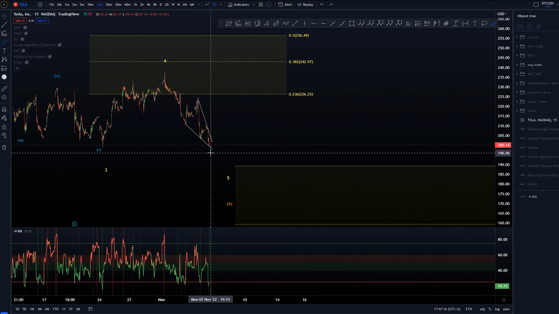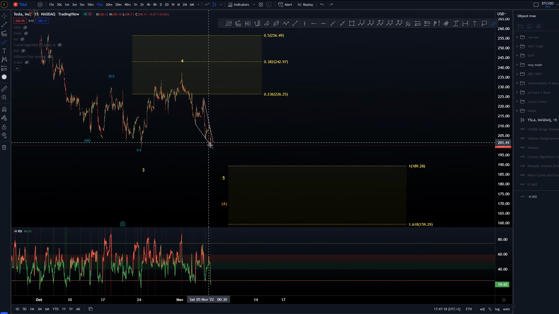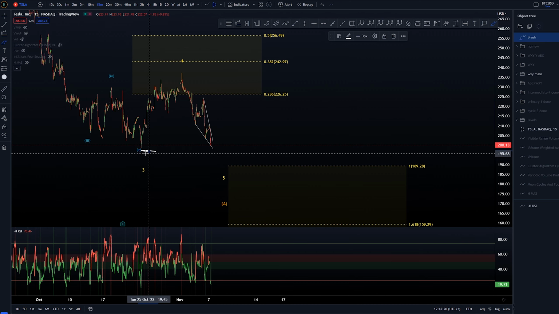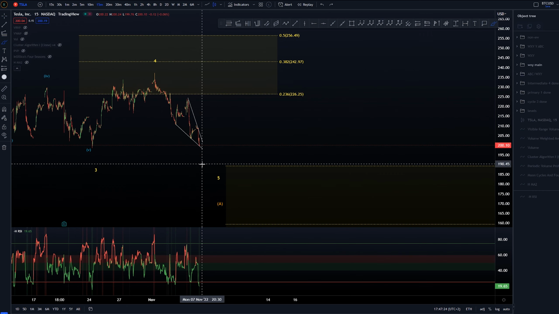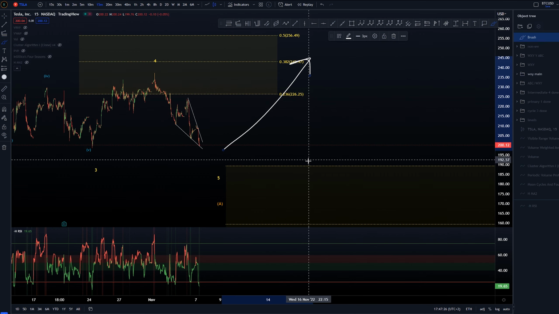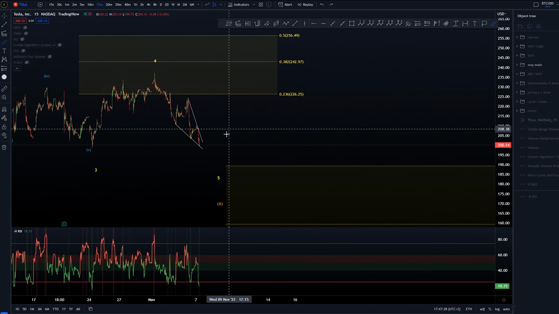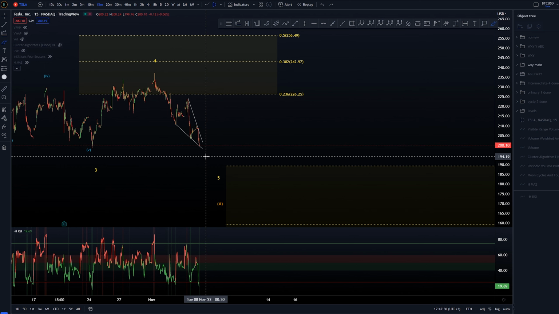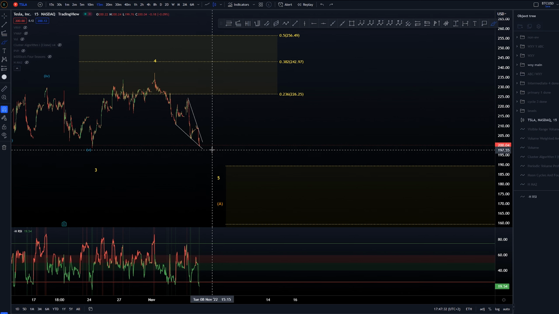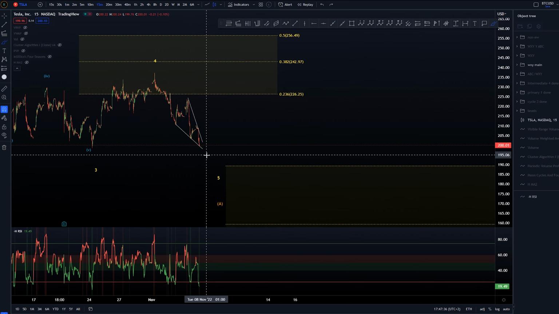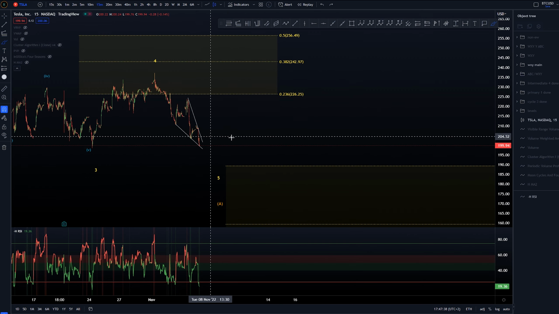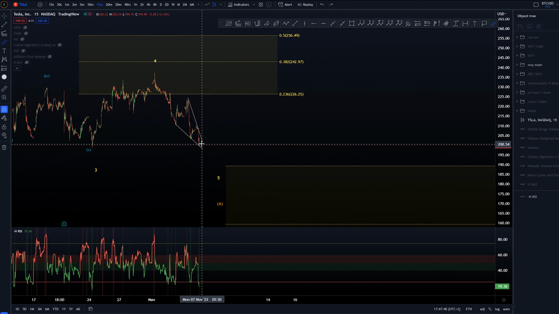Why am I expecting this to be just a wave 1 or 5th? It's just because we have still yet to take out these lows. Of course, it is possible that we are going to get a truncation and get that B wave ongoing, but I feel like that is going to need some kind of catalyst. And tomorrow there is of course the election happening again, or the midterms. So that might give us some volatility.